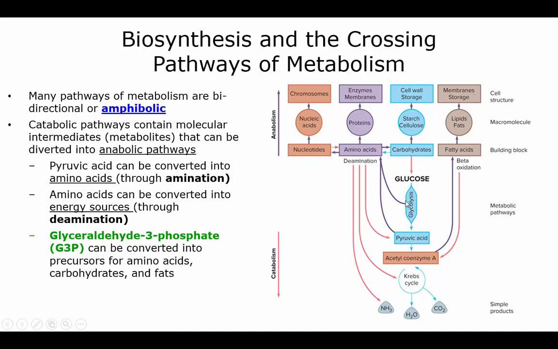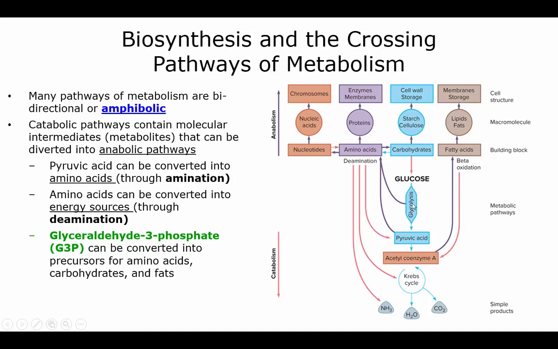The bottom line is this. When glucose gets split into pyruvic acid, that is a magic molecule, that glyceraldehyde 3-phosphate, G3P. That one molecule can then be turned into whatever that cell needs. So think about that.